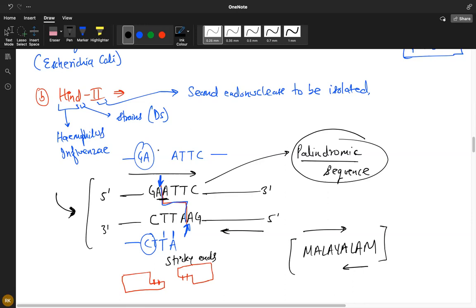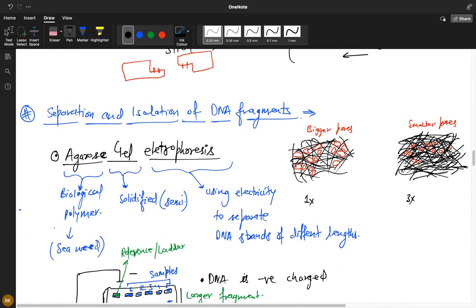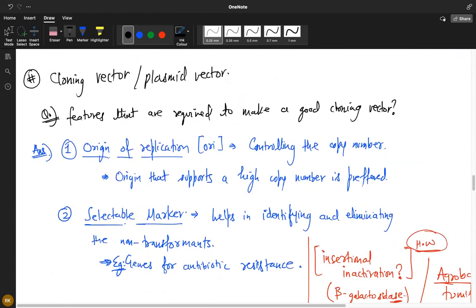Yes, sir. So that's why it's important. Okay, this was about restriction endonuclease, and it's an important concept, I think.